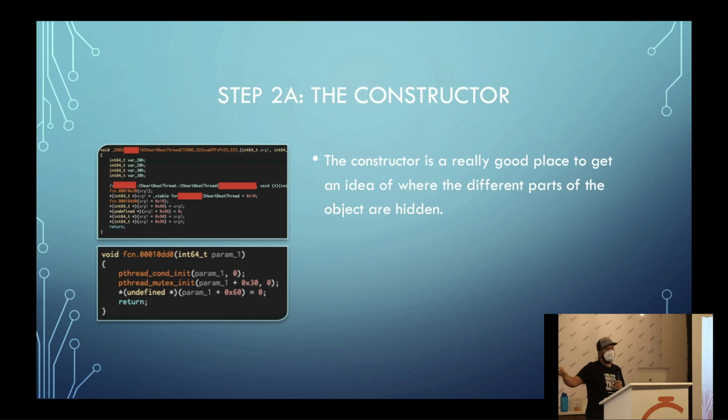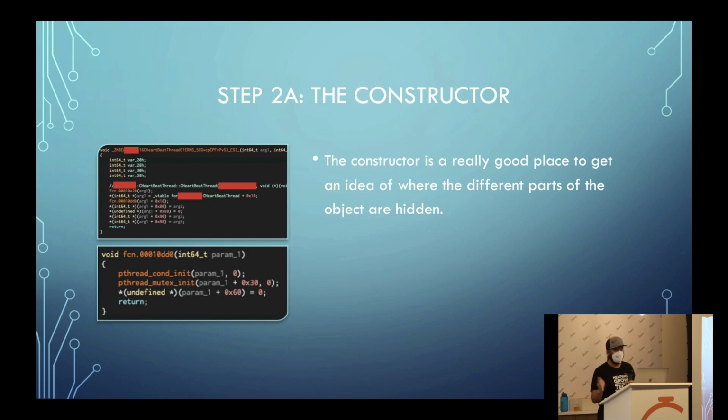So what we now know is that at offset 18 inside the object, there's a condition variable. And then at offset 30 from that, there's a mutex. So that's interesting. And then there's also some other thing that gets initialized at offset 60 to 0.